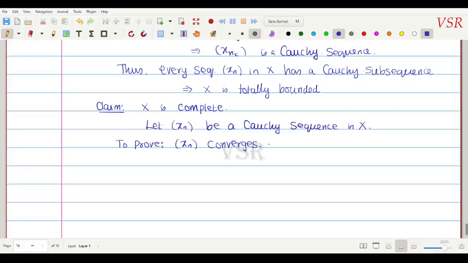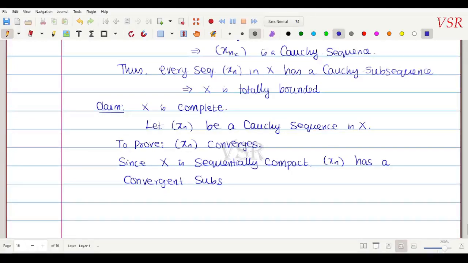Since X is sequentially compact, xn has a convergent subsequence, say xnk, which converges to some x0 belonging to capital X.